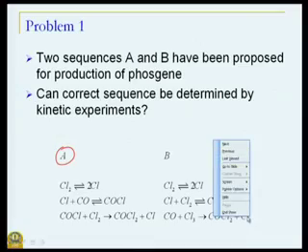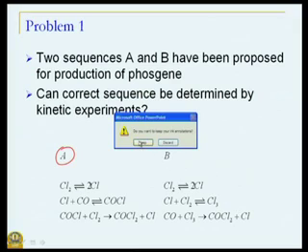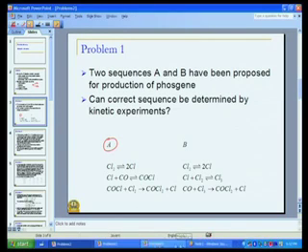In this particular case the real question is, first, to derive the rate of the reaction based on the sequences given, and second, to see whether both these rate expressions are similar or there is any difference, so that we can design experiments to see what data we actually get and whether it matches with our sequences.